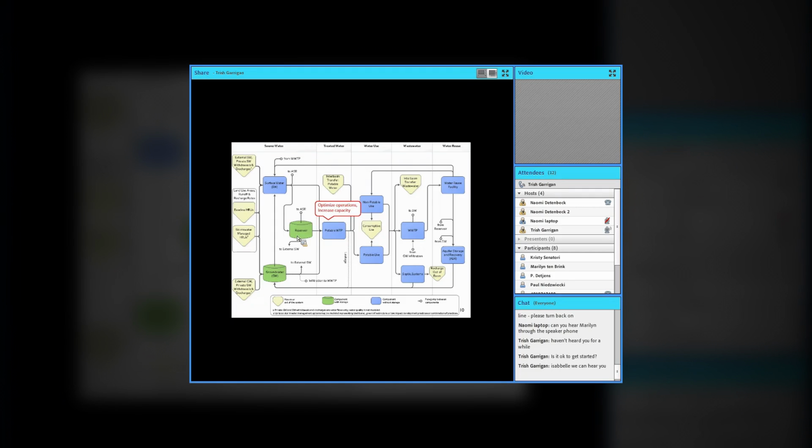As I mentioned before, you can repair unaccounted for water, which may be leakage from your distribution system. We've already discussed non-potable reuse as an option. We have two demand management options.